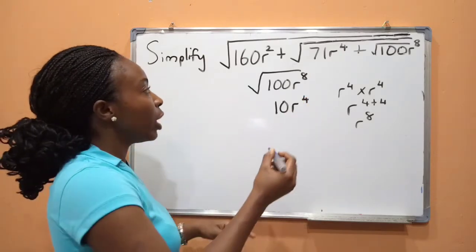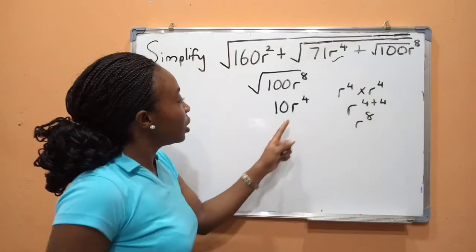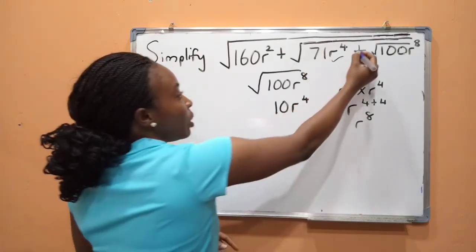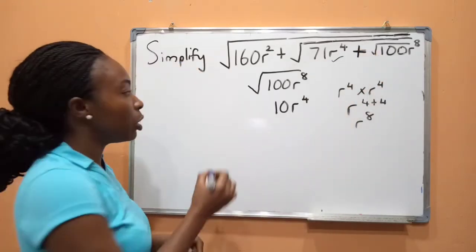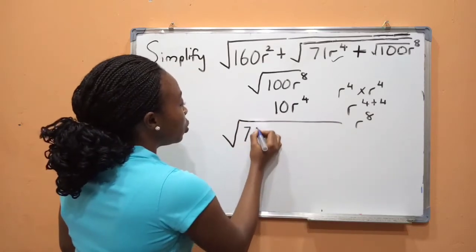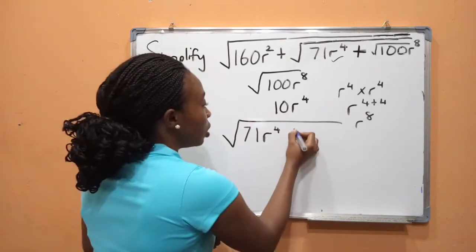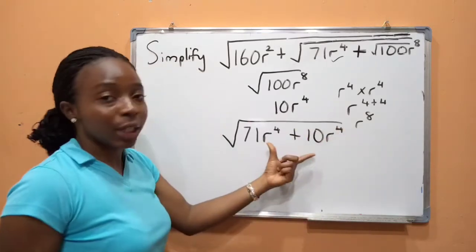You can see that we have a like term, okay? You can see that these two have the same power. So we can now sum them up. So in doing that, we're going to have 71r to the power of 4 plus 10r to the power of 4, because they are like terms, okay?